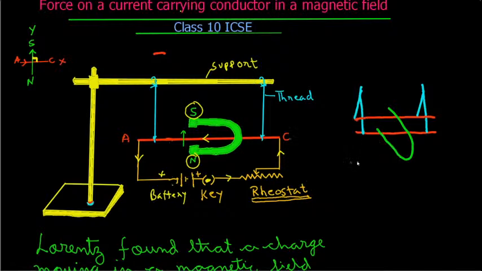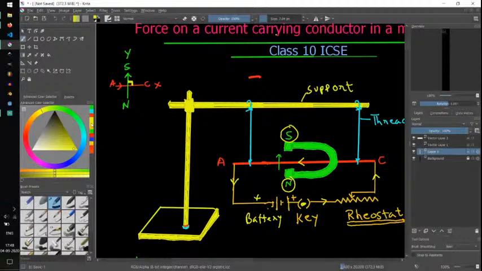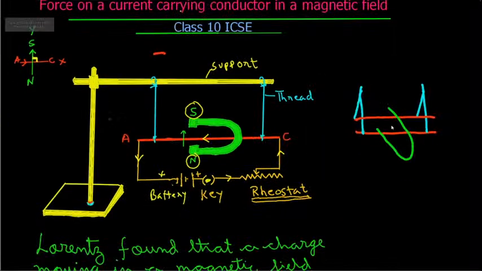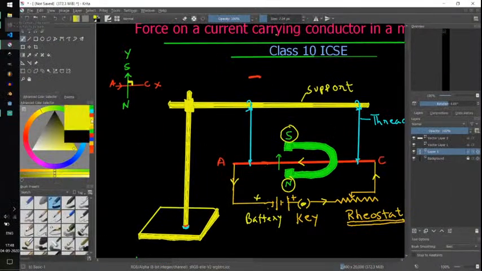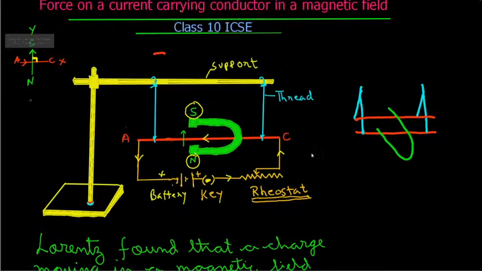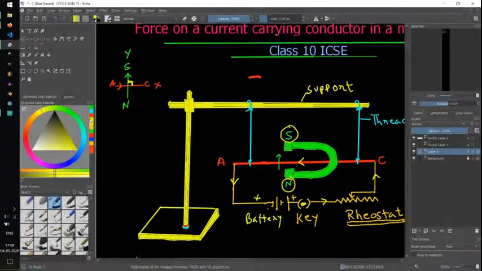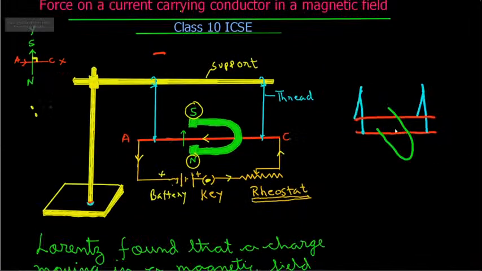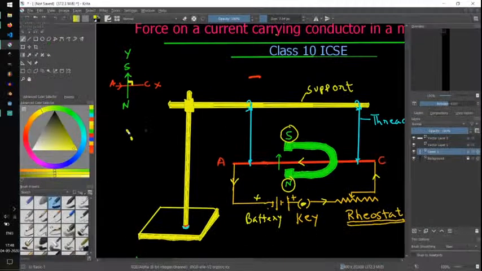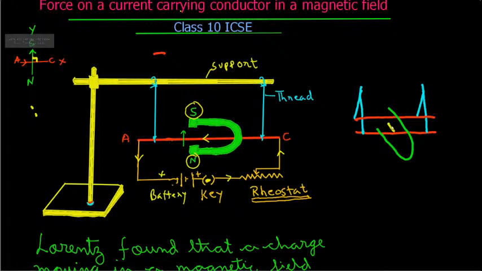This was its earlier position, and now it has gone that side. Come on, why are you not writing? This time it has gone that side. And if I increase the amount of current, it goes further away again. It shows that the direction of the force changes on changing the direction of current.